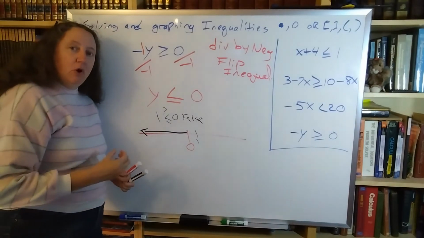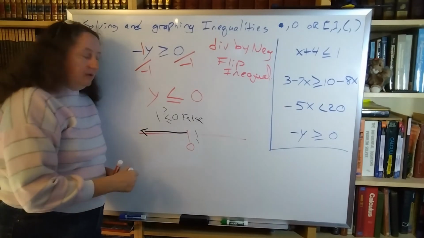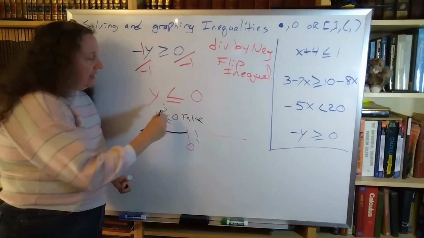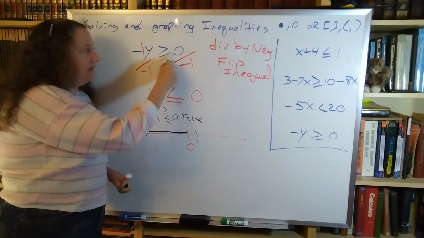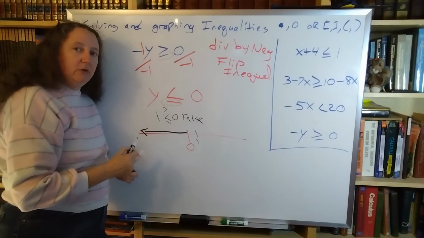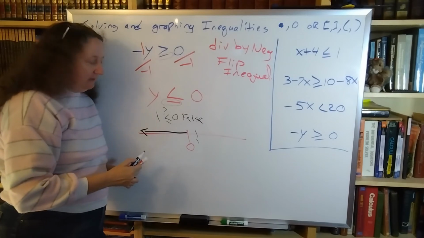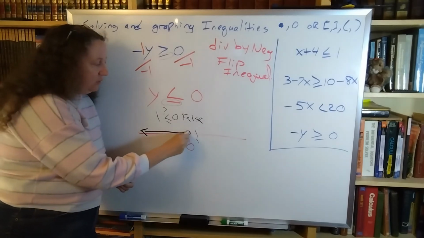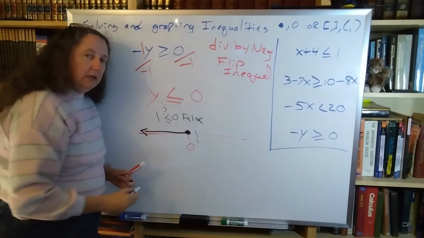Next, I have to figure out open or closed dot. It has the equal to sign on it. That does not change. The equal to sign does not change when you flip it because of dividing by the negative. So because it has the equal to sign, we fill in the dot.